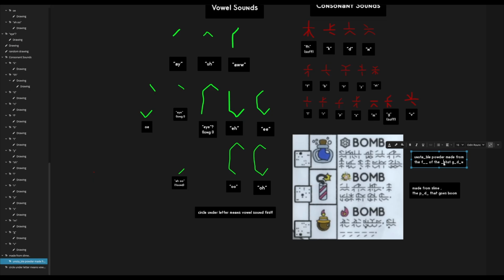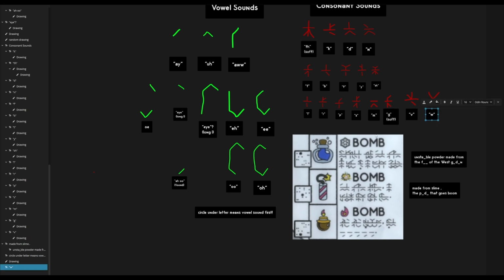Is it a W? It's an upside down M. I think that's west. Let's mark that down before I forget. Here's a line. Okay. W. West.